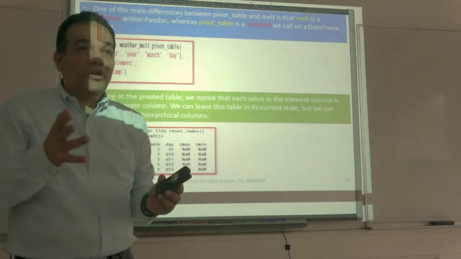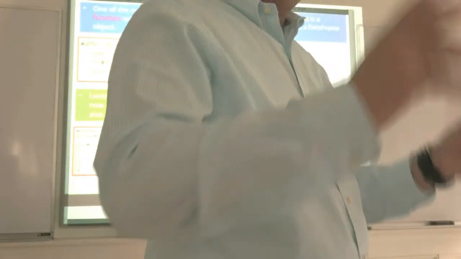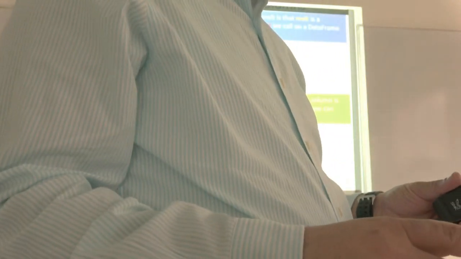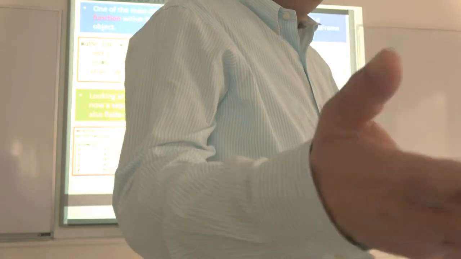So to fix your data, you really have to understand your tables, your data frame. With some of the columns you have to pivot them, and some of the columns you have to unpivot.